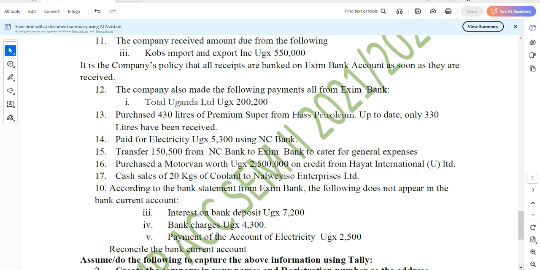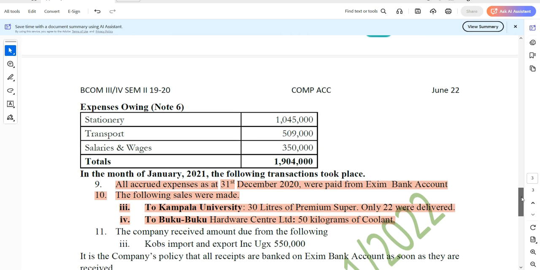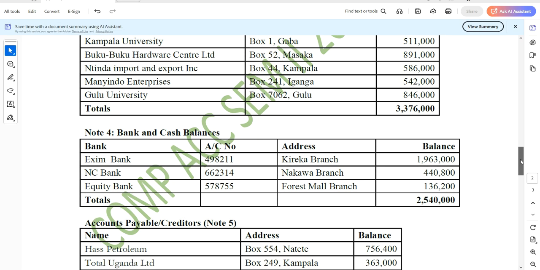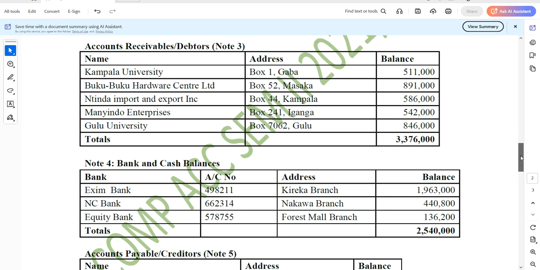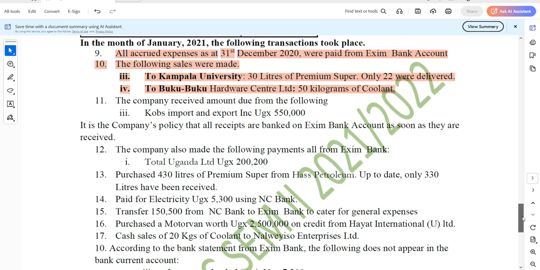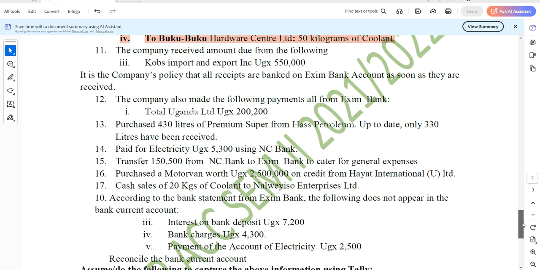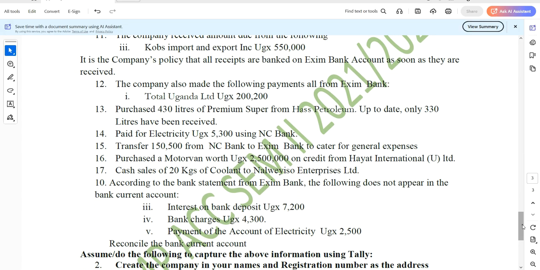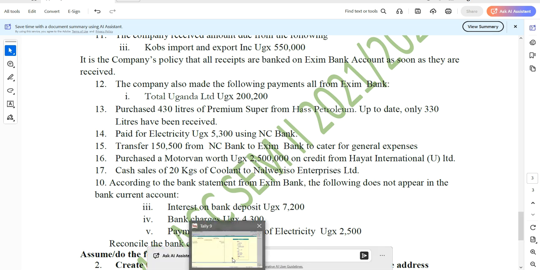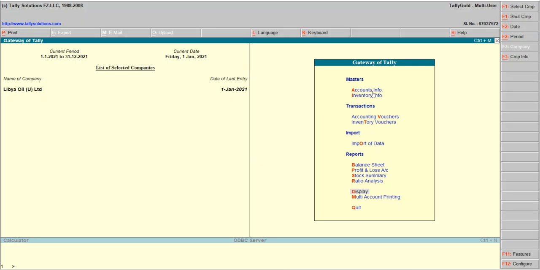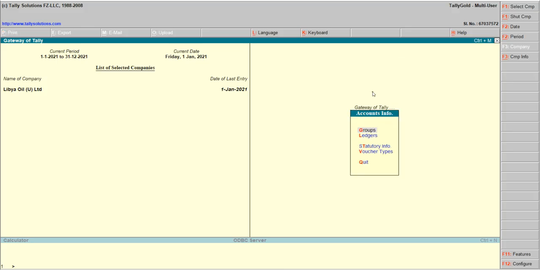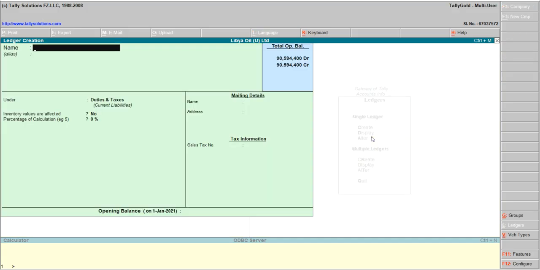We don't have this under the data, so I think we have to create an account for Cobbs Import and Export Inc. Accounts info, ledgers, single create.